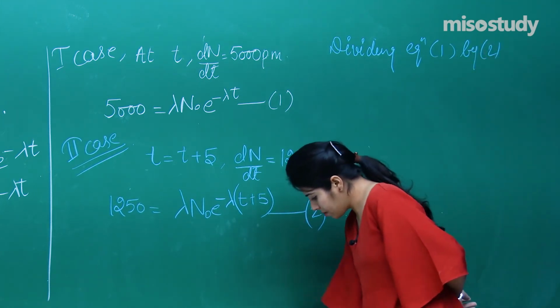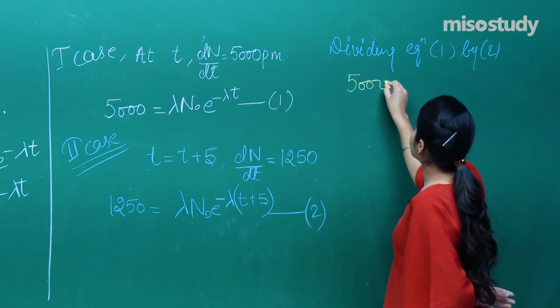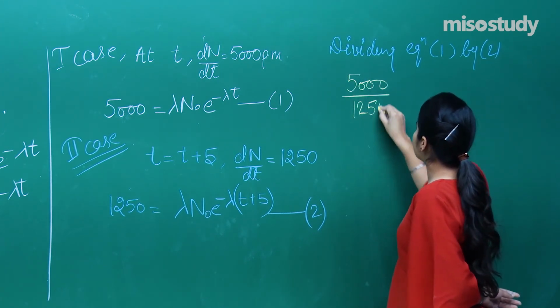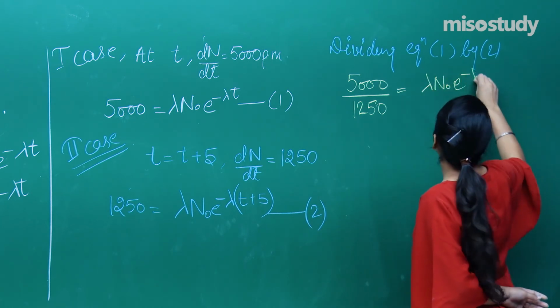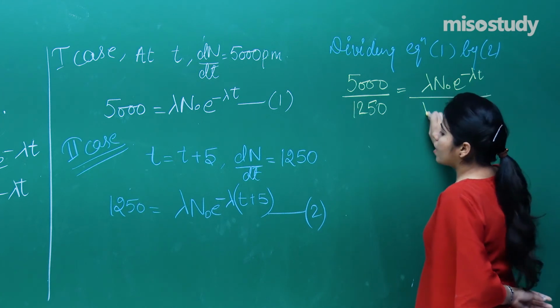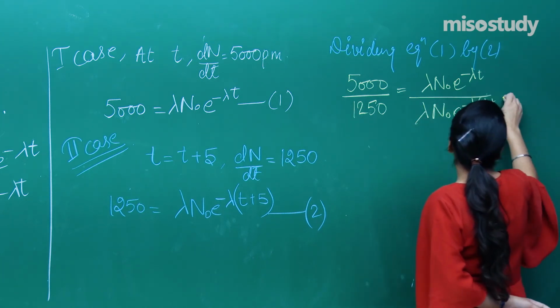You will be having 5000 divided by 1250 equals lambda N naught e raised to the power minus lambda t divided by lambda N naught e raised to the power minus lambda into t plus 5.